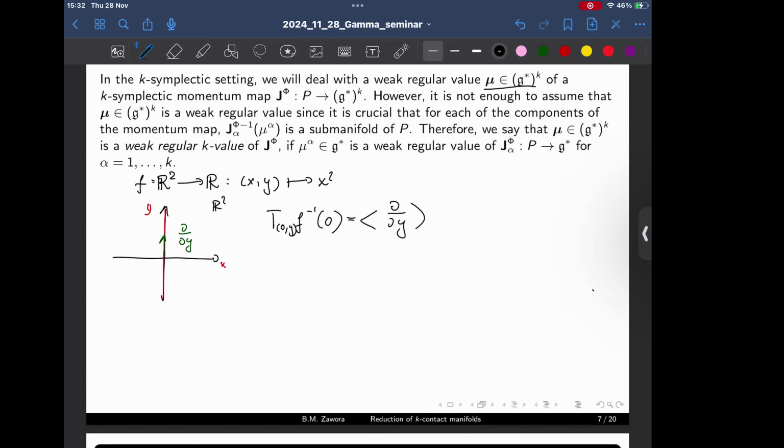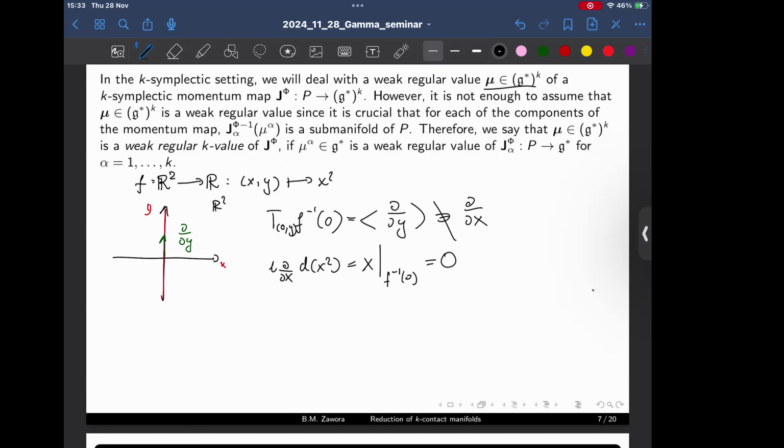But if you compute the contraction of d over dx with d(x squared), you get that this is 2x, and restricted to this counter image f^{-1}(0), you get that this is 0, but d over dx, of course, does not belong to this tangent space. So 0 in this case is not a weak regular value nor a regular value.